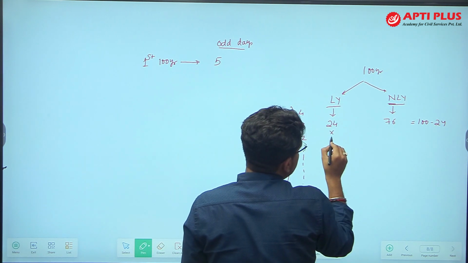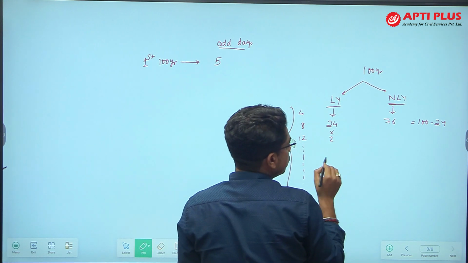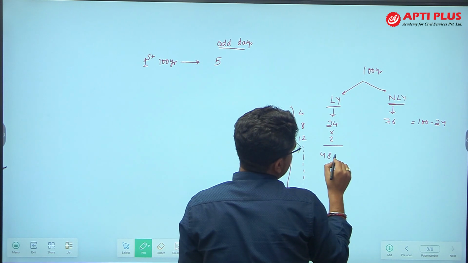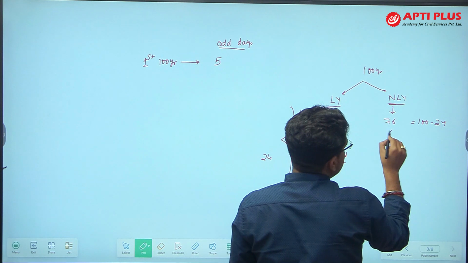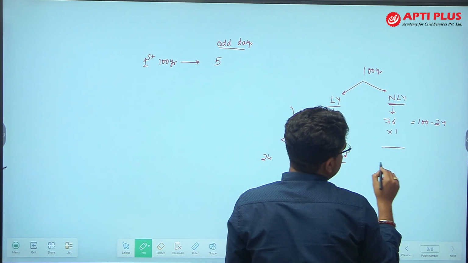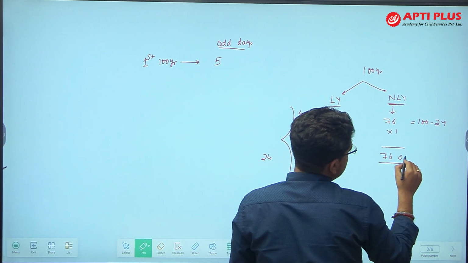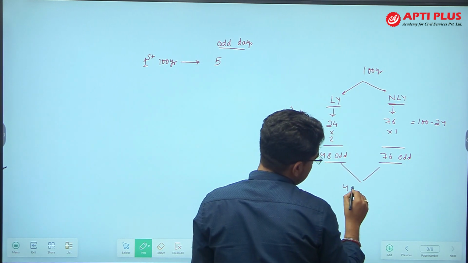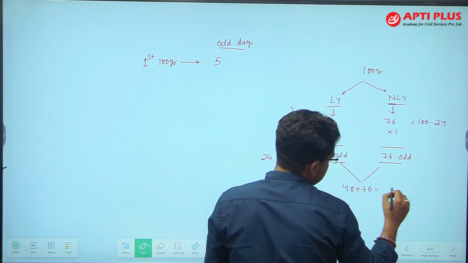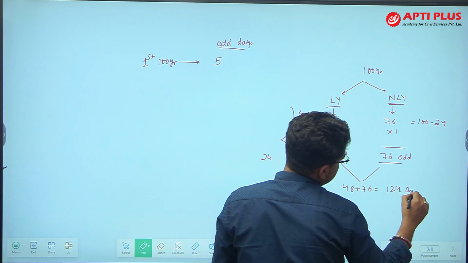So, this will be multiplied by 2 to figure out the number of odd days. So, you will say 48 odd days. Likewise, each non-leap year will have 1 odd day. So, that would mean 76 odd days. If I add 48 plus 76, how much will I get? I will get 124 odd days.